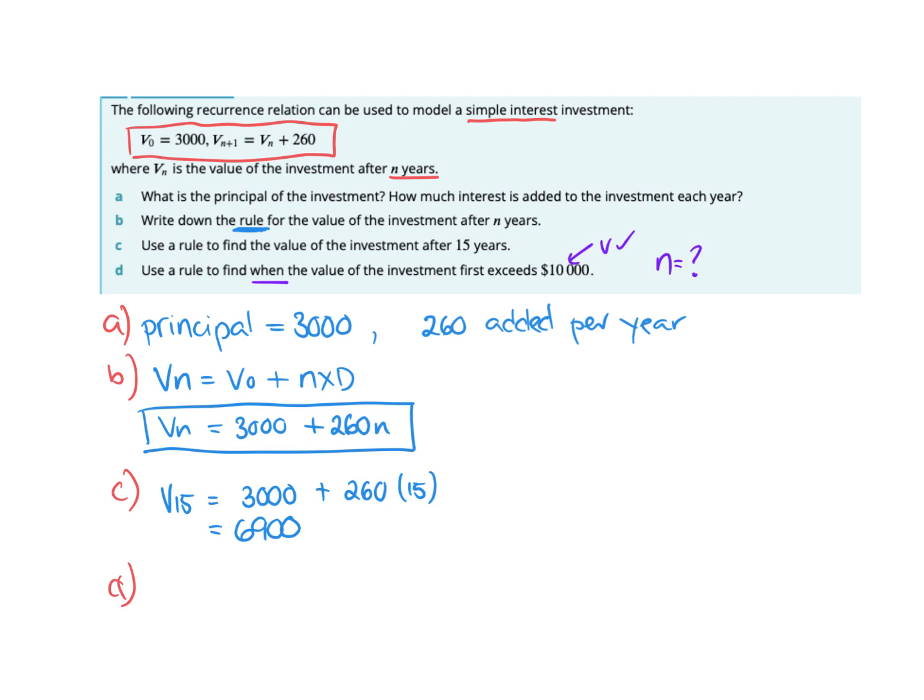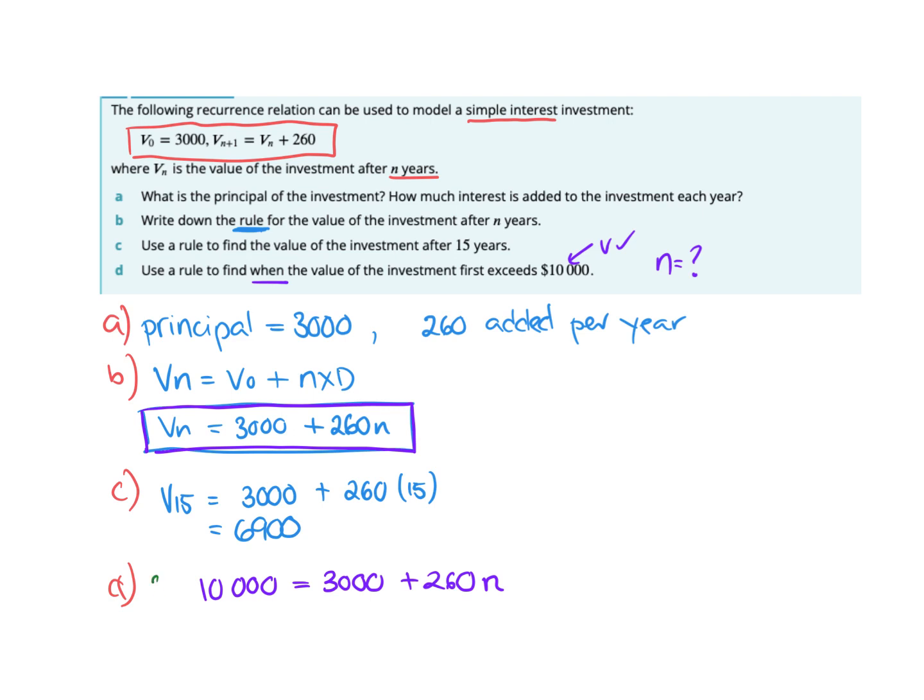So what I can do is use the nth term formula, and what I'm saying is I want it to be 10,000, and then I write the formula, and you can see I want to know when N is. Okay, so how would we normally do that if we see something like that in our calculators?